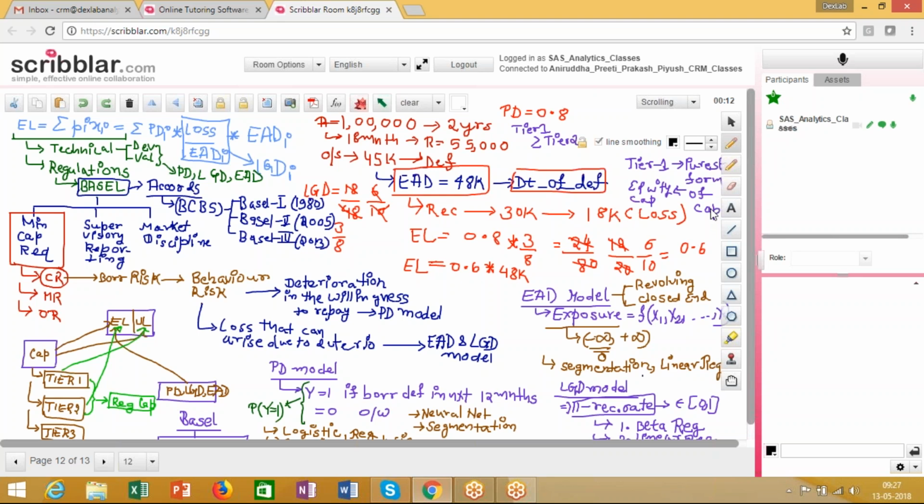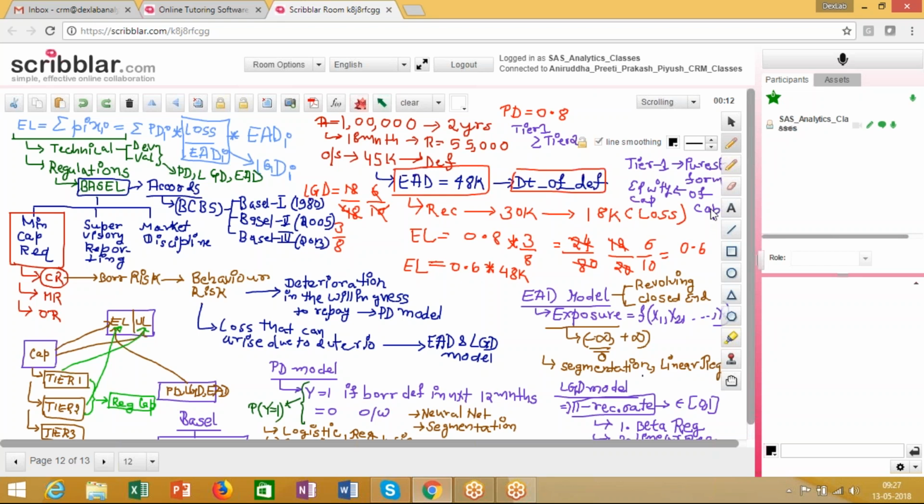The most important step right at the outset is computing the expected loss. And to compute the expected loss, we require three inputs. What are the three inputs that we require? One is a PD model, the second is the EAD model, and the third is the LGD model. The product of all these three is the expected loss.